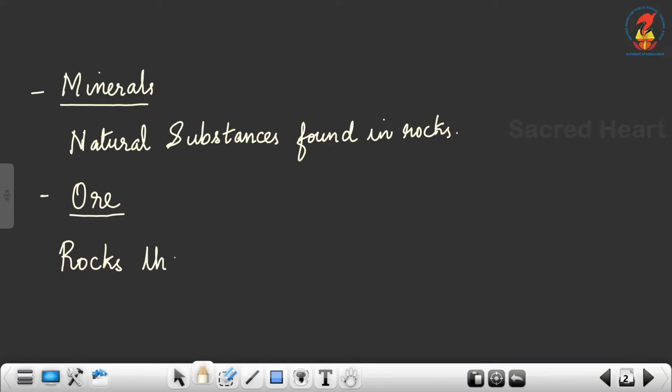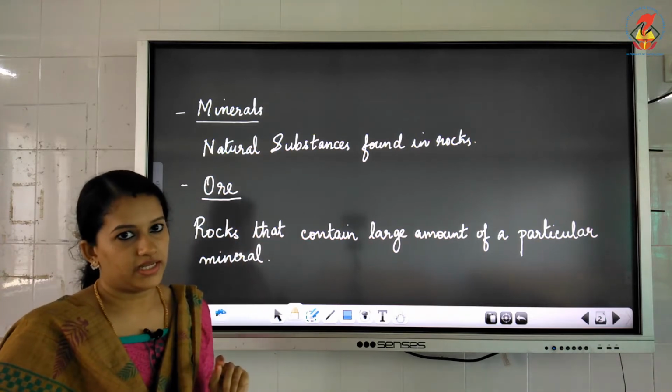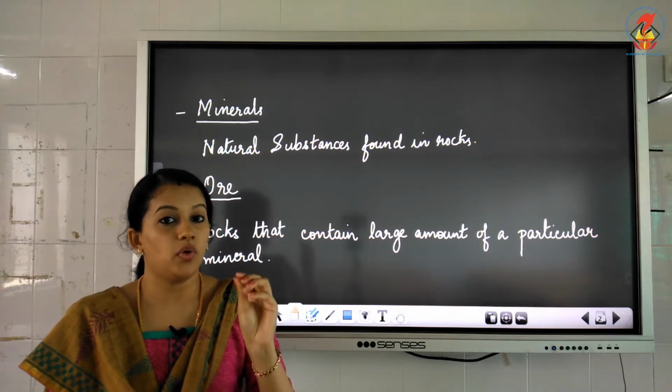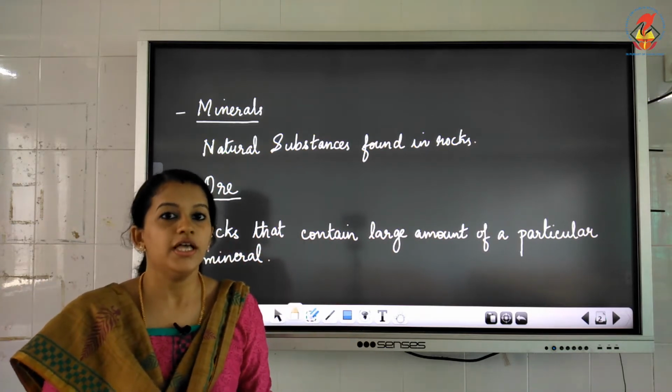Ores are rocks that contain a large amount of a particular mineral. So the ore of a mineral means, the ore is a rock that contains a large amount of a particular mineral.